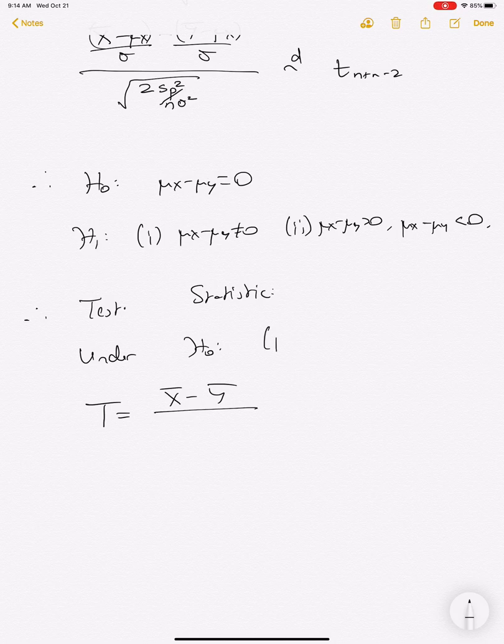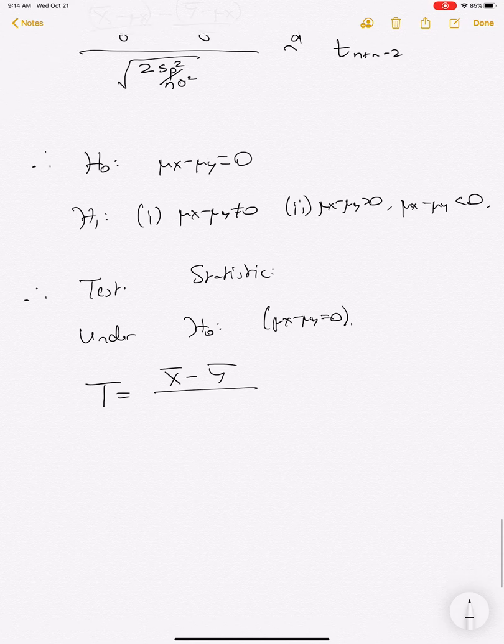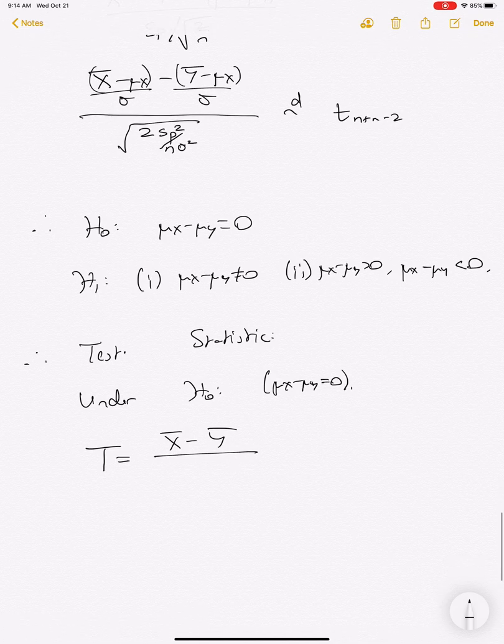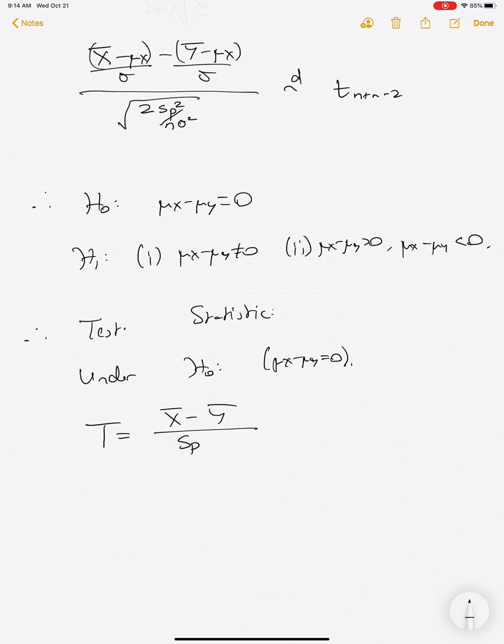Under h naught means that mu x minus mu y equals 0. And then we divide this by sp times square root of 2 over n. Okay? And we know that that's t with n plus m minus 2 degrees of freedom.